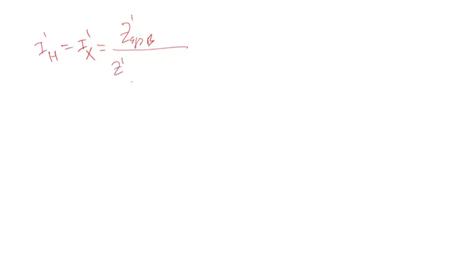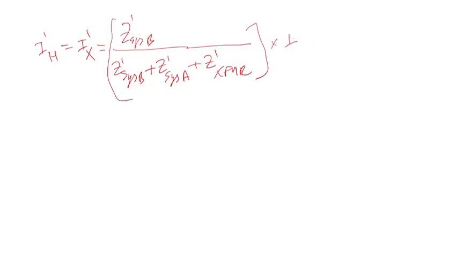Divided by the positive sequence impedance of system B plus the positive sequence impedance of system A. Notice I don't write system, just S-Y-S, meaning system B, system A, plus the positive sequence of the transformer. So the entire thing times I1, and I1 is the same as I0, which I already calculated.